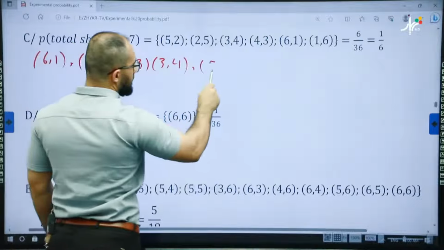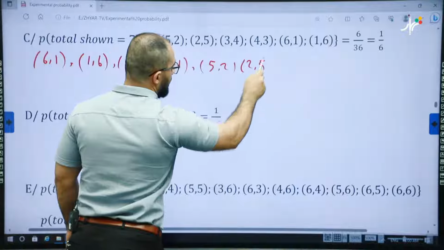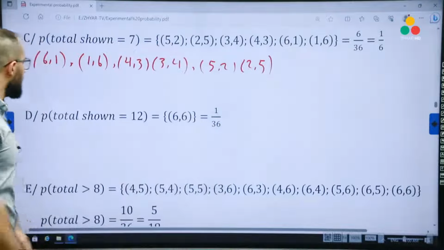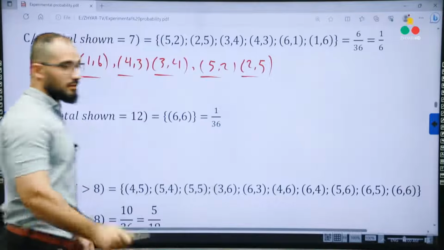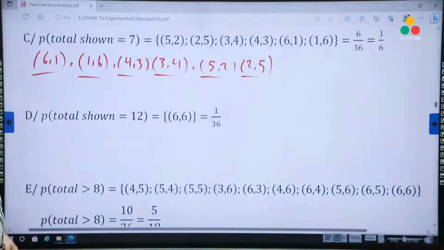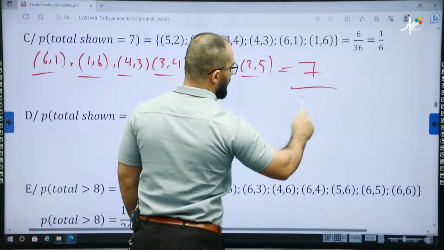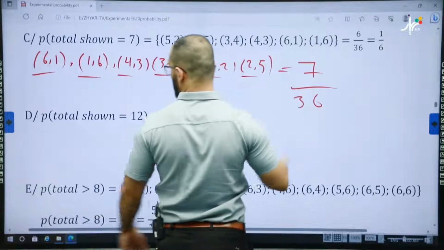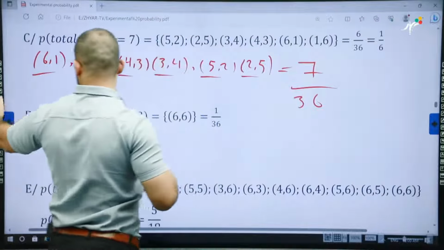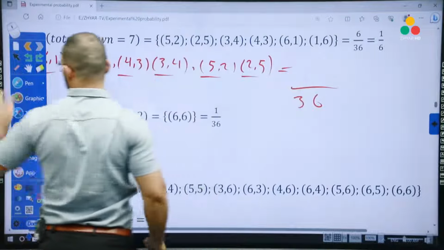Then 5 and 2, 2 and 5. So right now if we count them, 1, 2, 3, 4, 5, 6. So we have 6 results that give you 7 when you add. So not 7, we have 6.